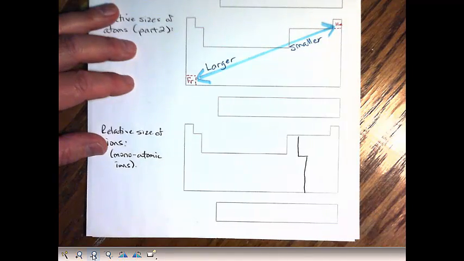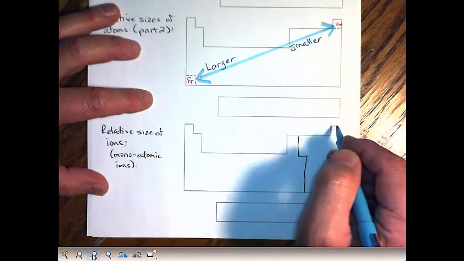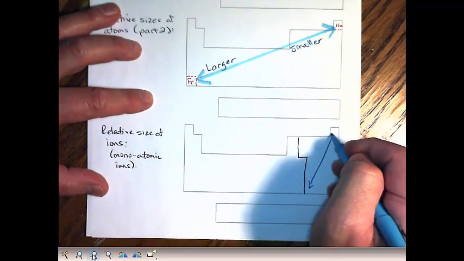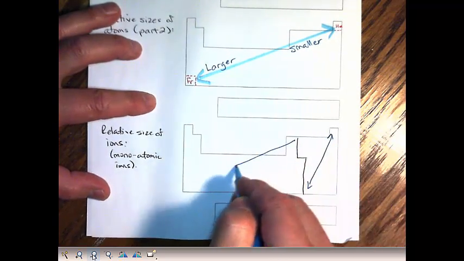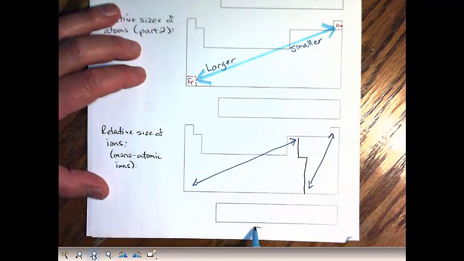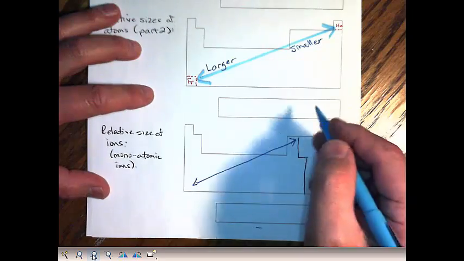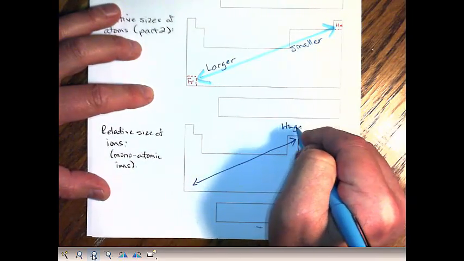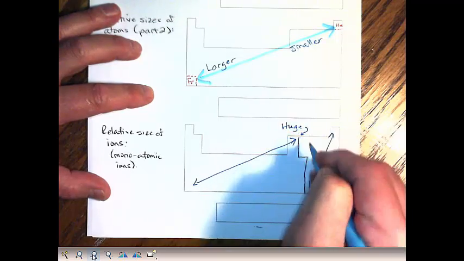So in this region here, we get larger and smaller, larger and smaller. Because they just get huge right in here.